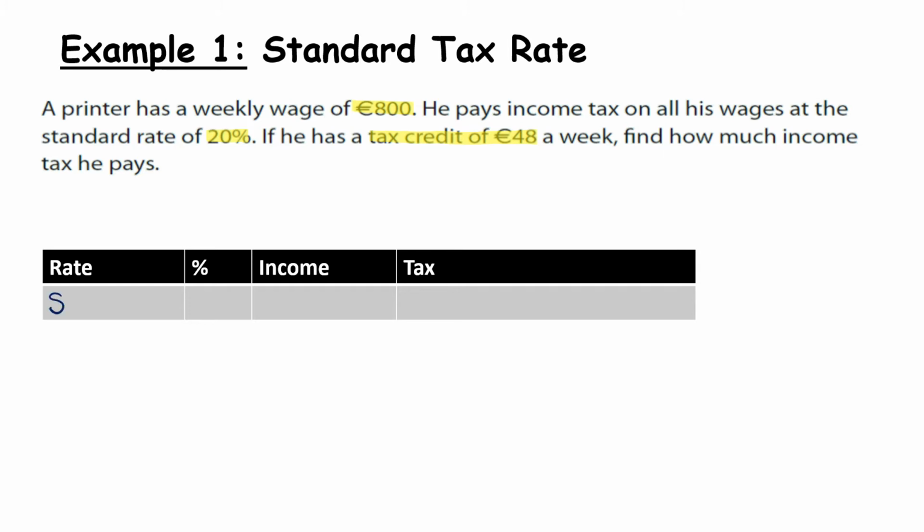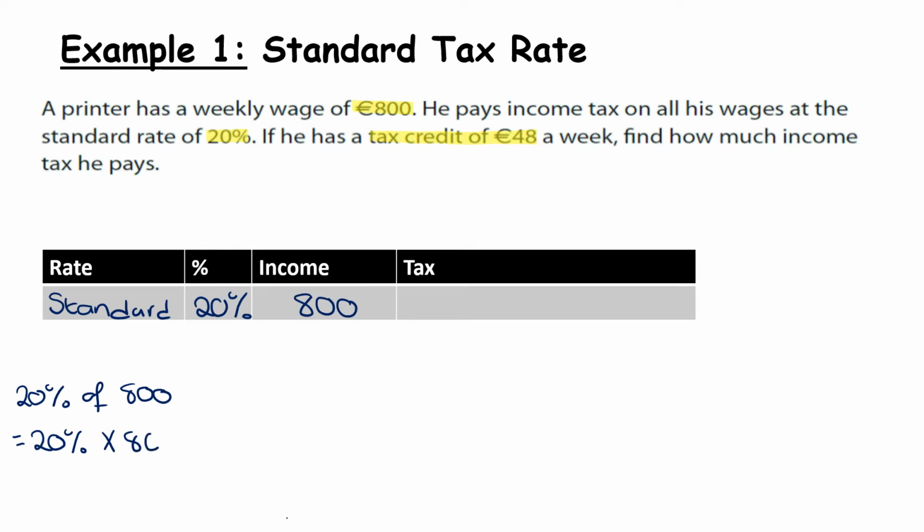So he has only one rate, and that is the standard rate, and this is 20%. He earns 800 euro, so the tax is then 20% of 800. Now, you can do this whatever way you like. So 20% of 800. Some people like decimals. I personally like using the percentage button.